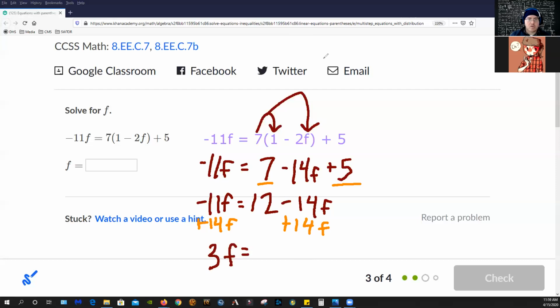And then, of course, we are done with these two because they cancel each other out: negative 14F plus 14F is nothing. So 3F equals 12. Last thing, if we divide the left side by 3 and the right side by 3, 3 divided by 3 is 1, and 12 divided by 3 is 4. So F would equal 4, or it should be.